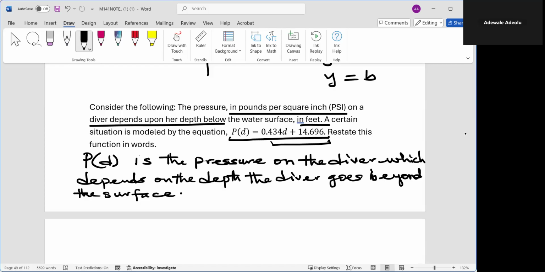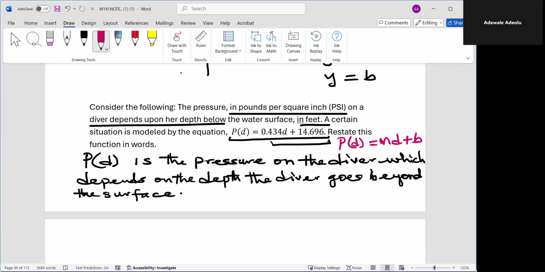Now, what about these other parts? So you see, I call this m. Remember, this is P of D, which is mD plus the y-intercept, or P-intercept.